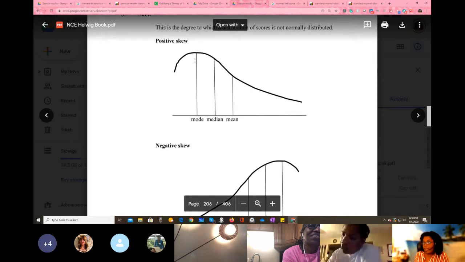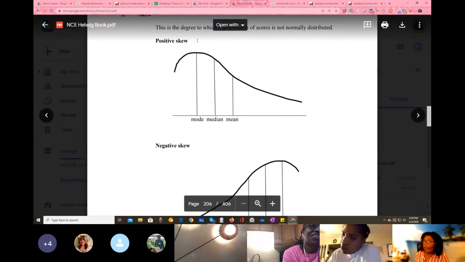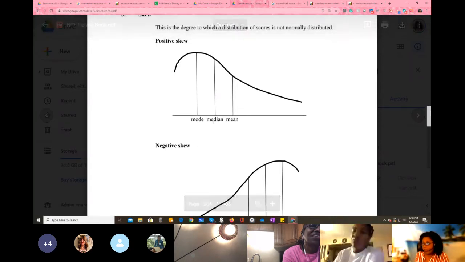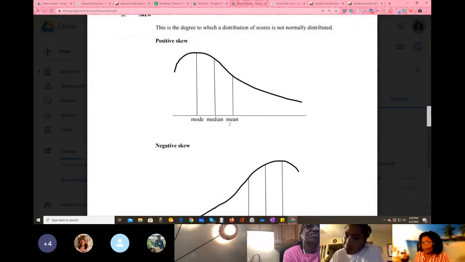So if the question asks me if the mean is to the left or right of the mode, it just tells me whether it's a positive or negative skew. My number line goes 1, 2, 3, 4, 5, so it's just going to go up that way. Let's say the mean is here and the mode's the highest point. Then it's going to give me a positive skew if the mean is to the right of the mode.